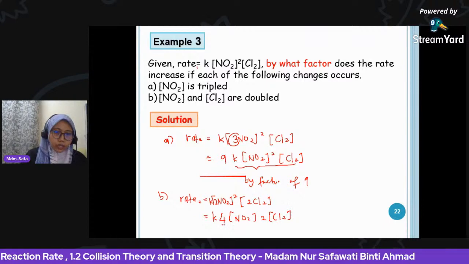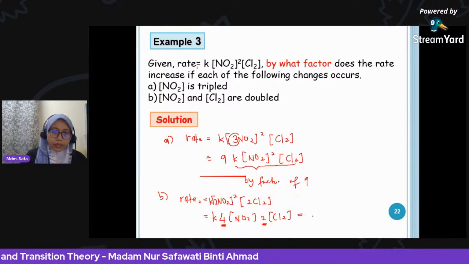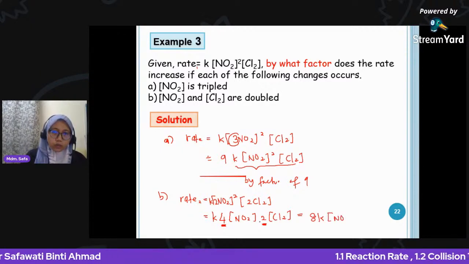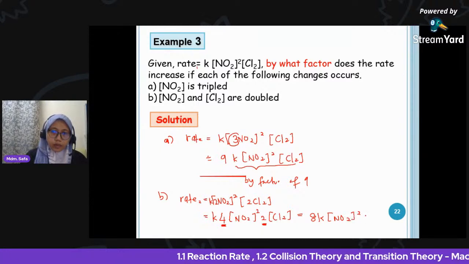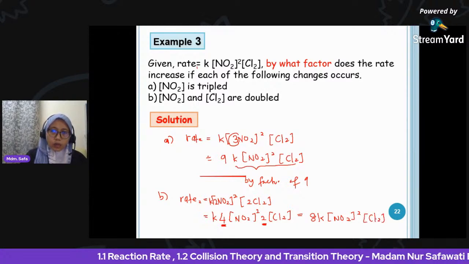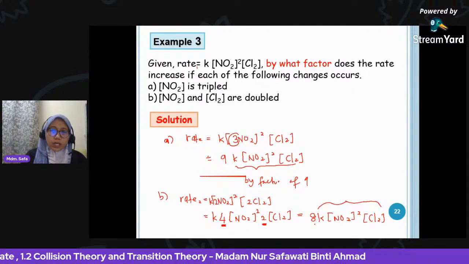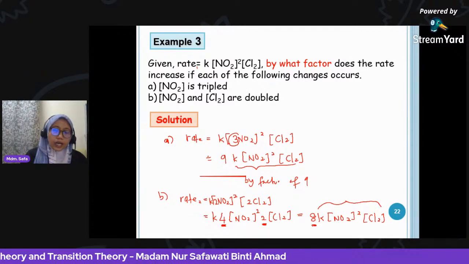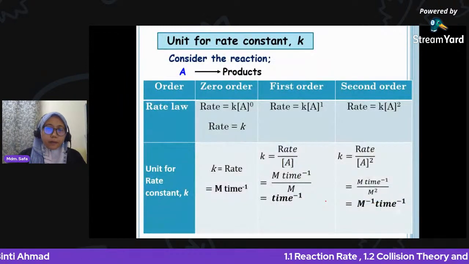So kita darabkan 4 darab dengan 2, so dia akan jadi 8. So kita akan tulis kat depan K concentration NO2, ni power of 2 tadi, NO2 and then Cl2. Kita keluarkan balik yang ni sama macam rate 1 tadi yang mula-mula. So kita tengok dia akan increase by factor of 8. Okay, itu sahaja. Okay, alright.